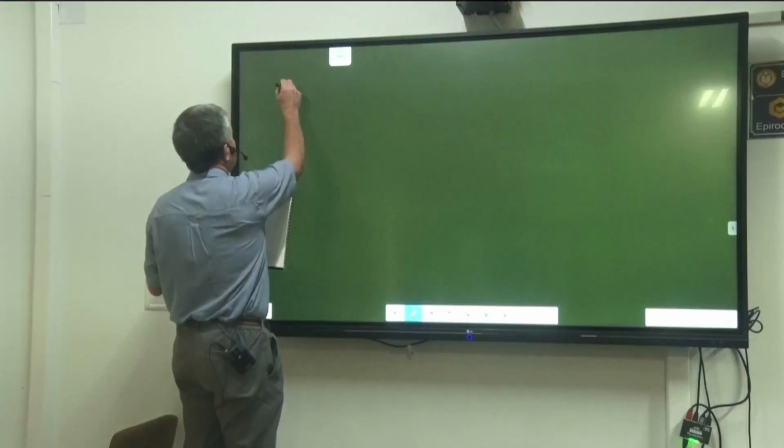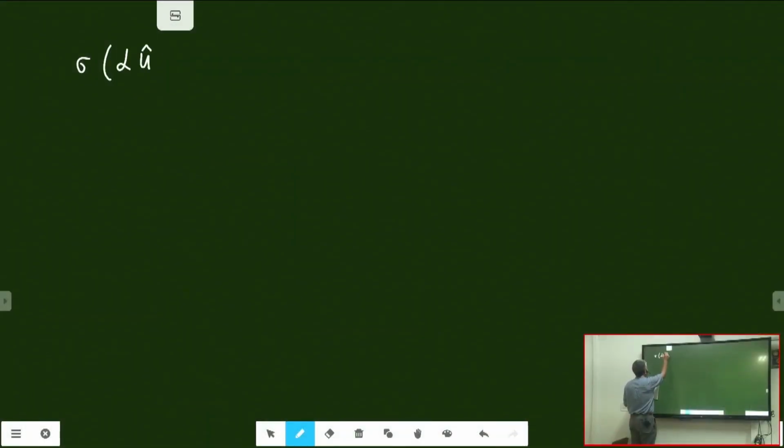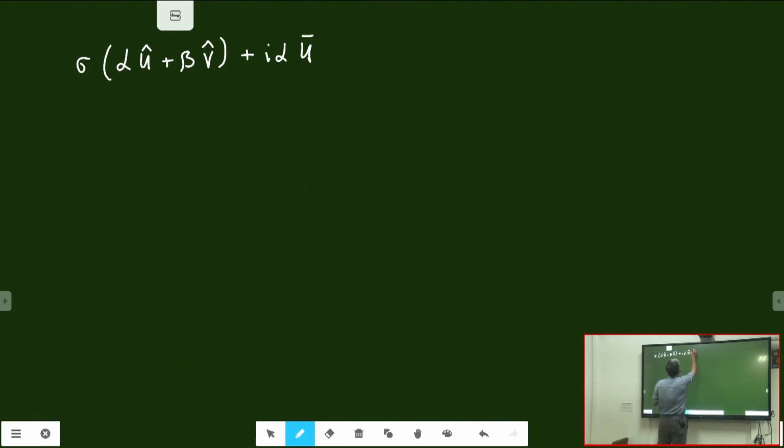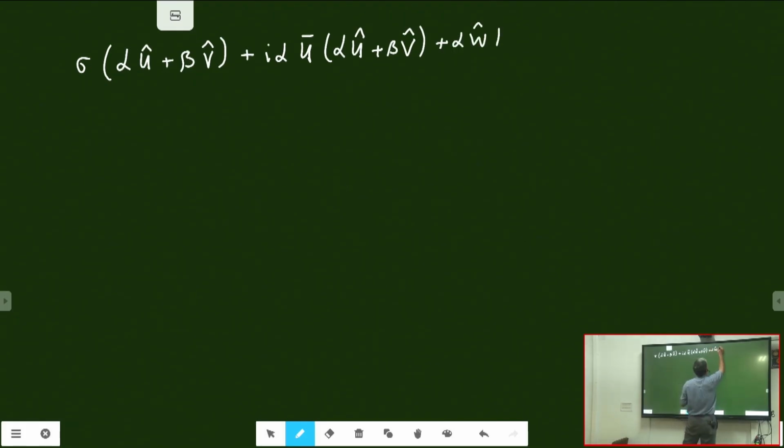I will get sigma (alpha u plus beta v) plus I alpha u bar (alpha u plus beta v) plus alpha w du bar plus I (alpha squared plus beta squared) p hat.